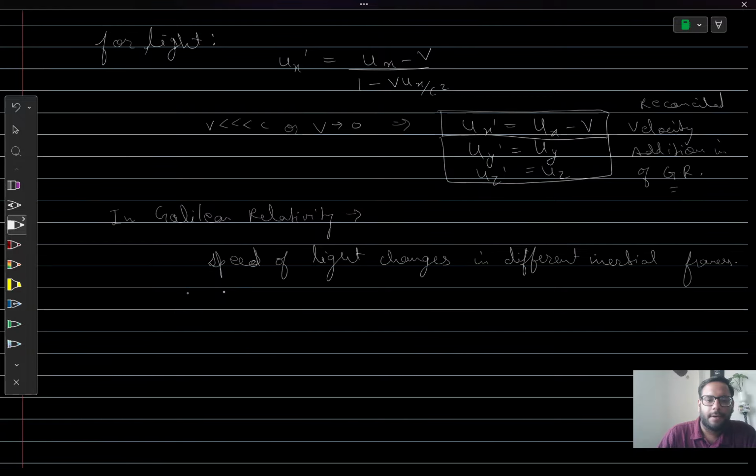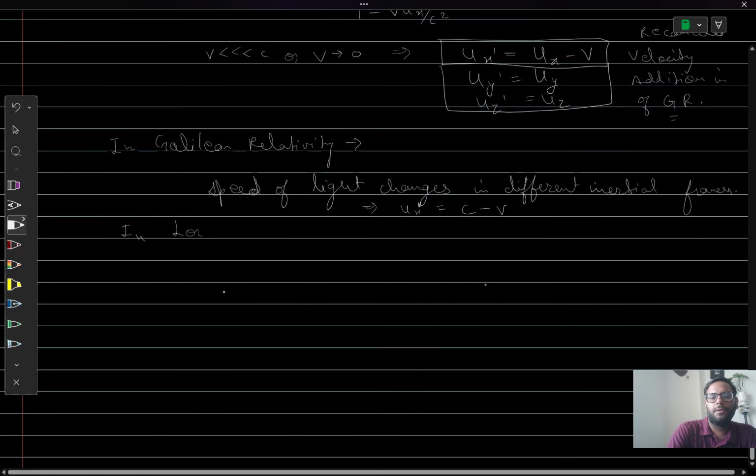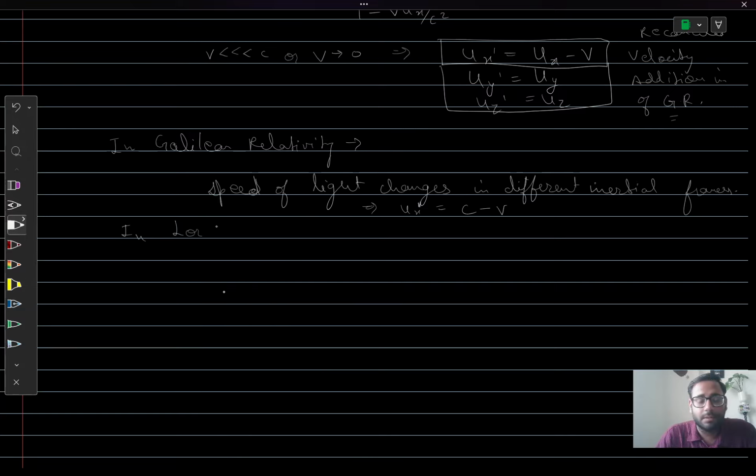You can see, of course, if the speed of light is constant, that is c in the S frame, you will get in the S prime frame the velocity u minus v, or you can say u plus v when the direction of motion and the direction of propagation of light are opposite.